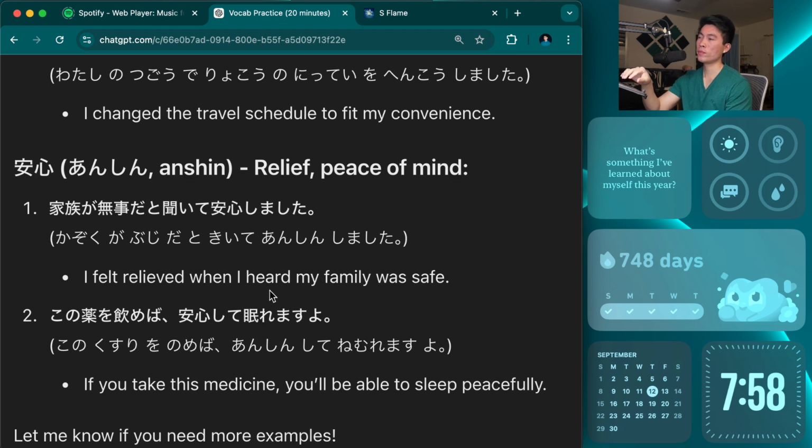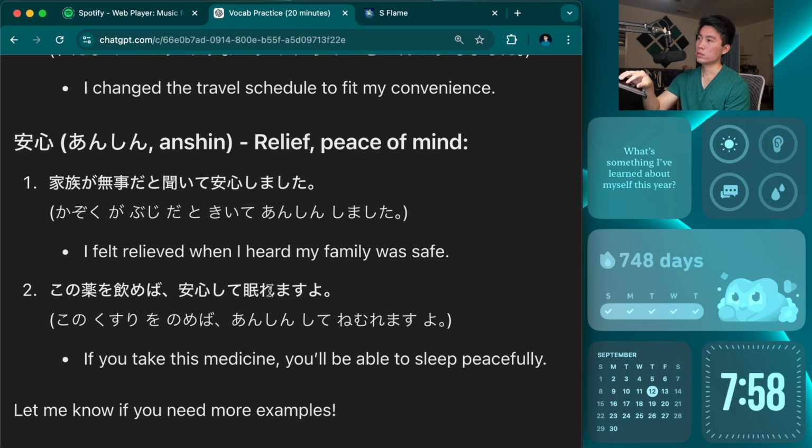Okay. この薬を飲めば安心して眠れますよ。So if you take this medicine, you'll be able to sleep peacefully.